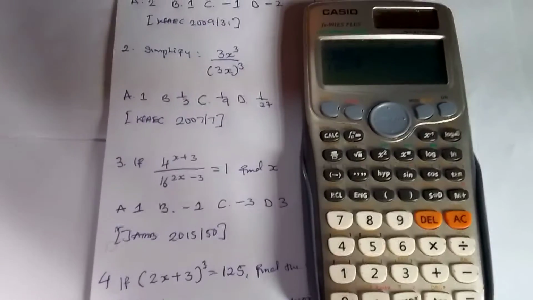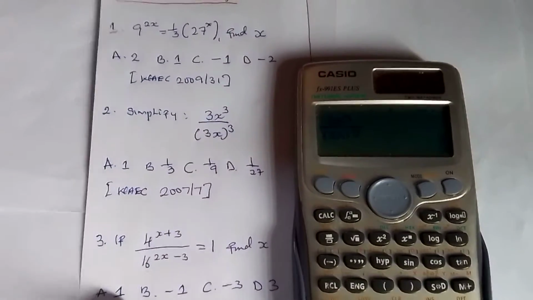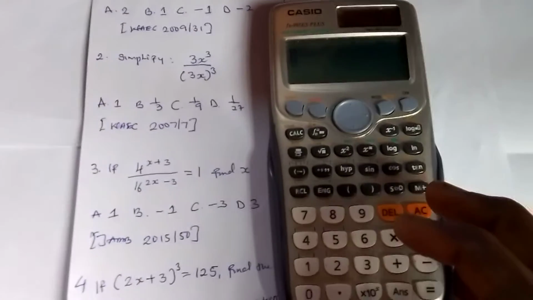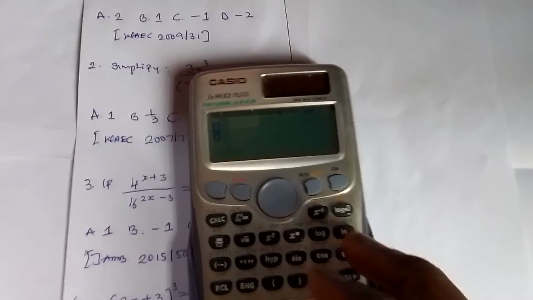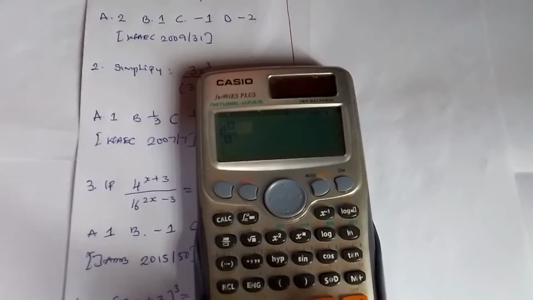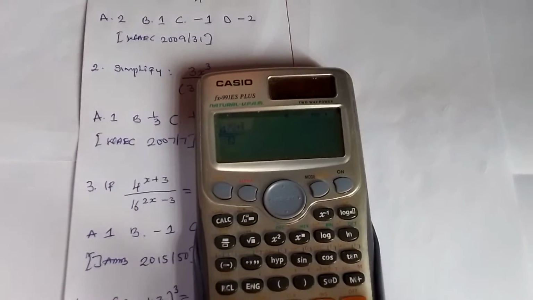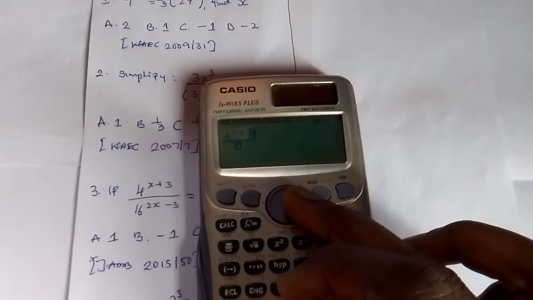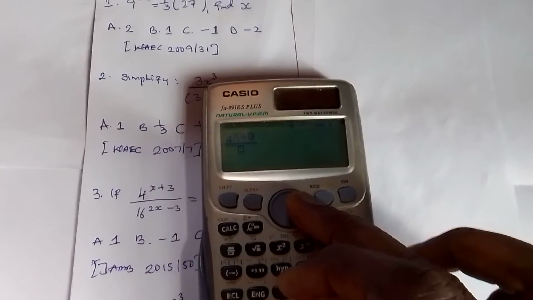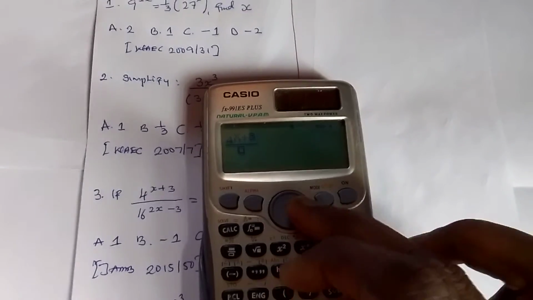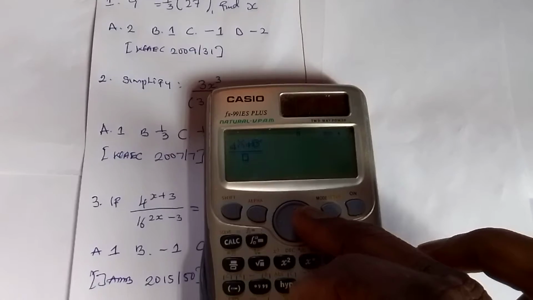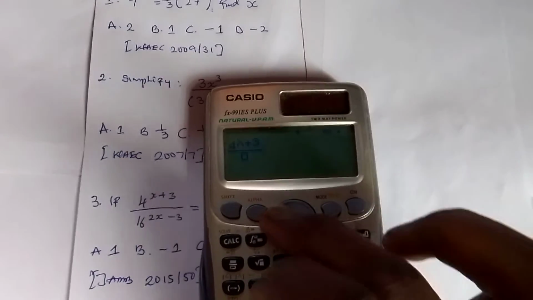This one is even a JAMB question, but in JAMB you're not going to be using this calculator anyway. Now we have a fraction button, and then 4 raised to the power, that's exponential, alpha x plus 3. Then I use my direction arrow to bring my cursor down to the denominator. Okay, I've gotten it now.